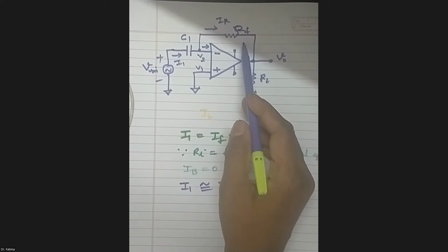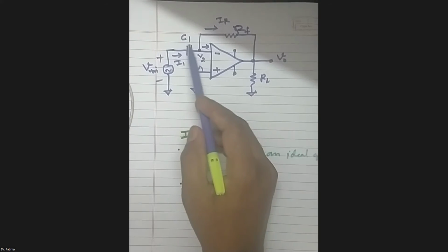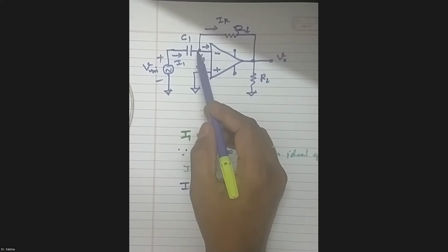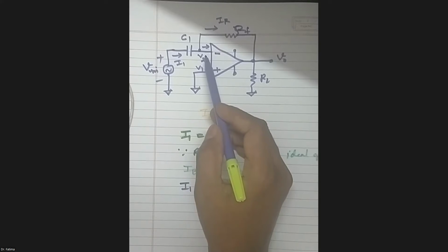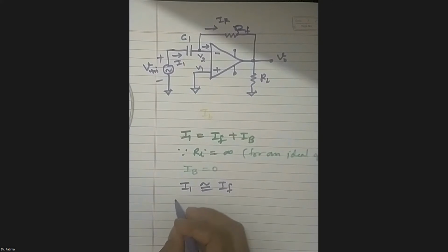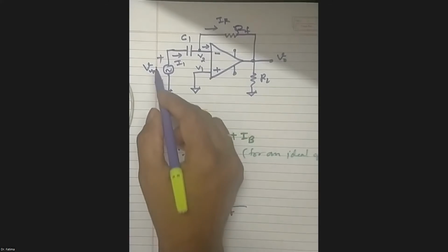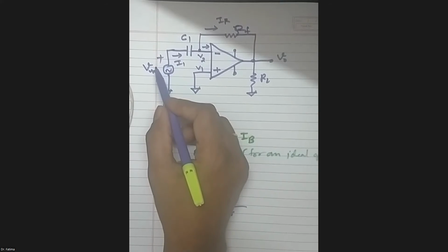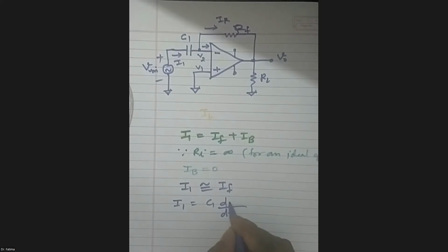Now do the calculation for I1 and IF. I1 is the current flowing through the capacitor; on one terminal of the capacitor, Vin is connected and on the other terminal, V2 is present. So I can write the current flowing through the capacitor, I1, is equal to C1 times the differentiation of the voltage difference, Vin minus V2, with current flowing in this direction.